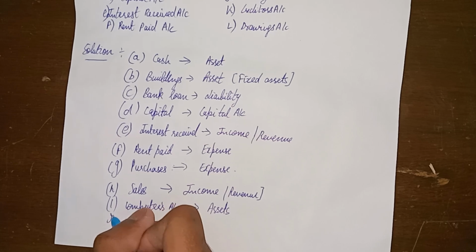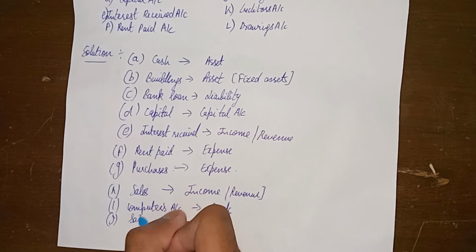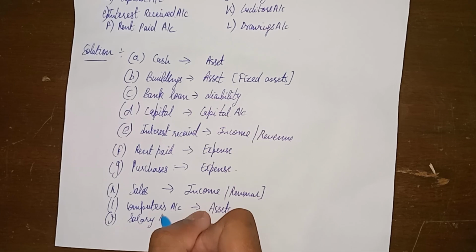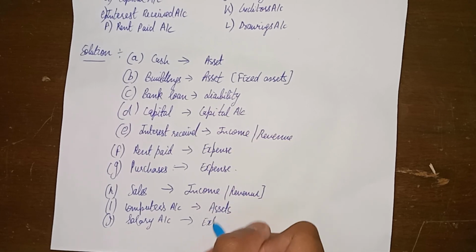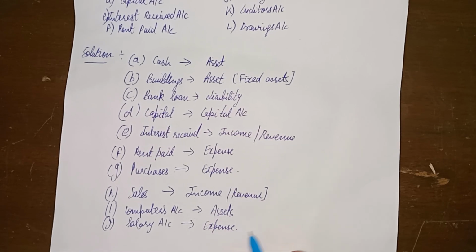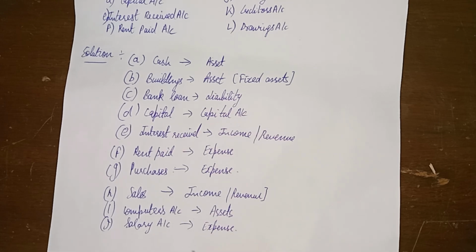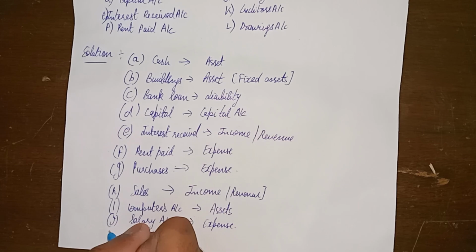J, salary. Salary is an expense. Creditors are liabilities.